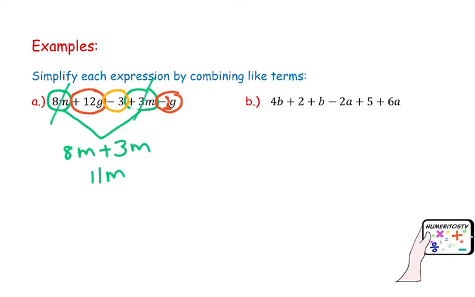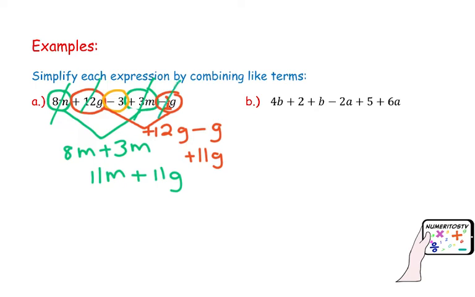Then I'm going to combine the red ones, so this will be 12g, remember that is positive, minus 1g, or minus g, so 12 minus 1, that will be 11g, so that will be positive, right? Positive, so positive 11g. I'm done with the red ones.